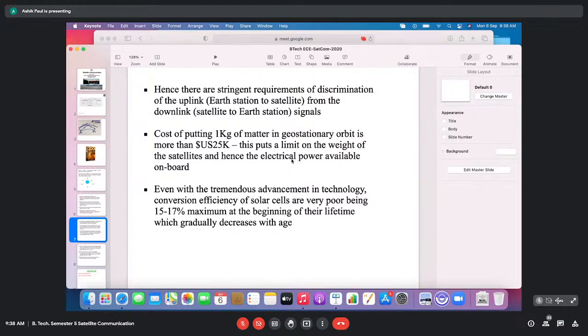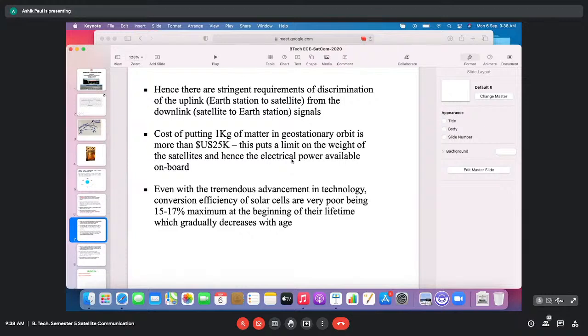We can understand from common sense that the only natural source of energy available is the incident solar radiation. So the incident solar radiation has to be harnessed on board the satellites and converted into electrical power.